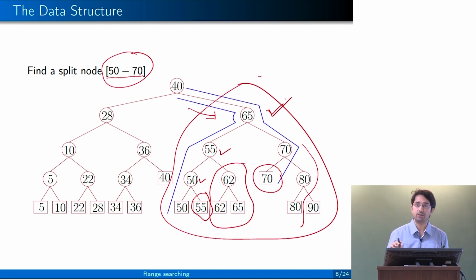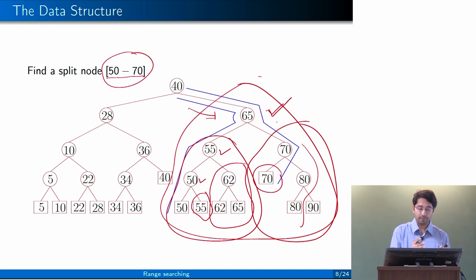So, this is my split node, because 65 means the left subtree contains values less than 65 and the right subtree contains values greater than 65, and my range expands in both directions. So, I have to search both subtrees rooted at 65. That is why 65 becomes a split node.